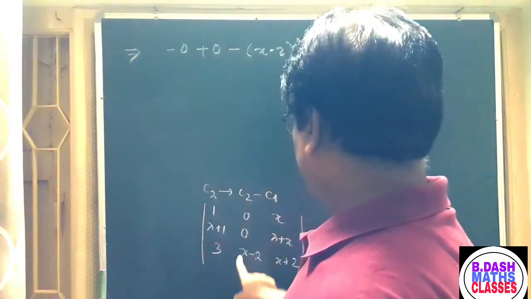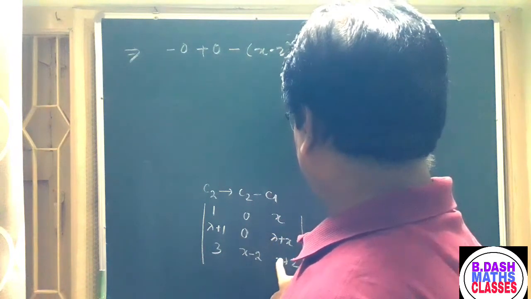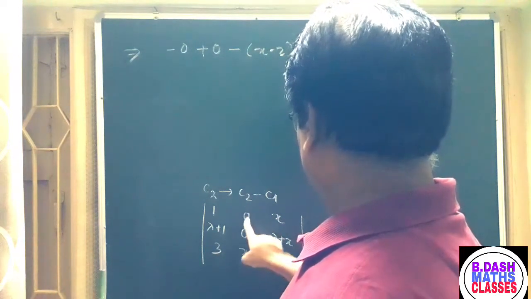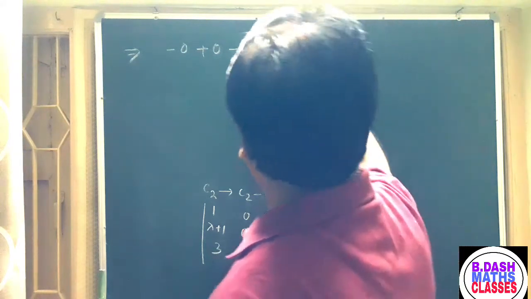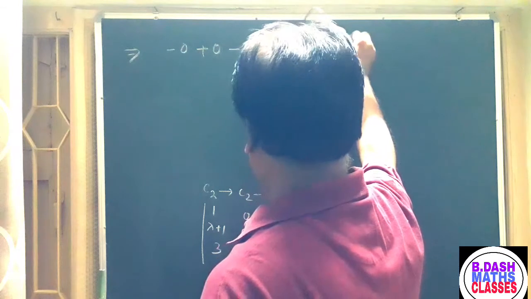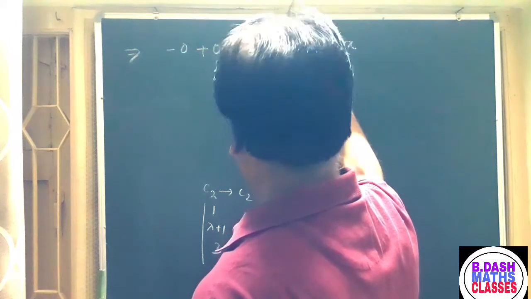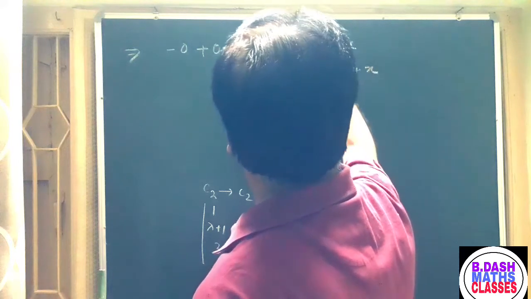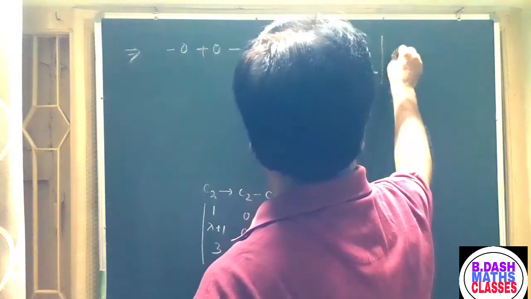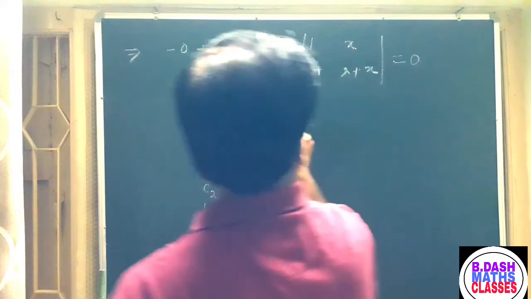We have to forget about the row and column containing x minus 2. That means the second column and the last row. So we'll get 1, x, lambda plus 1, lambda plus x. This is equal to 0.